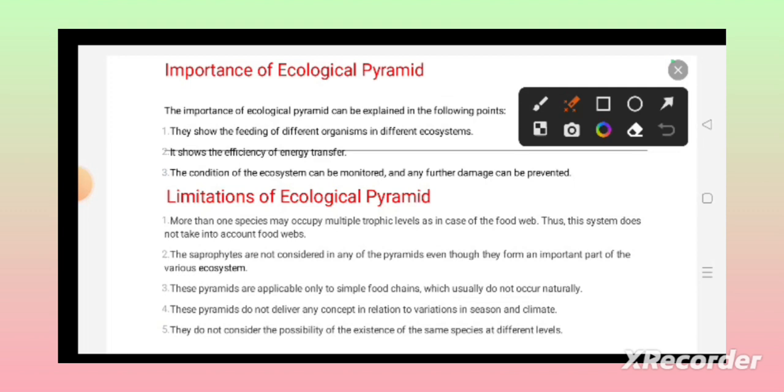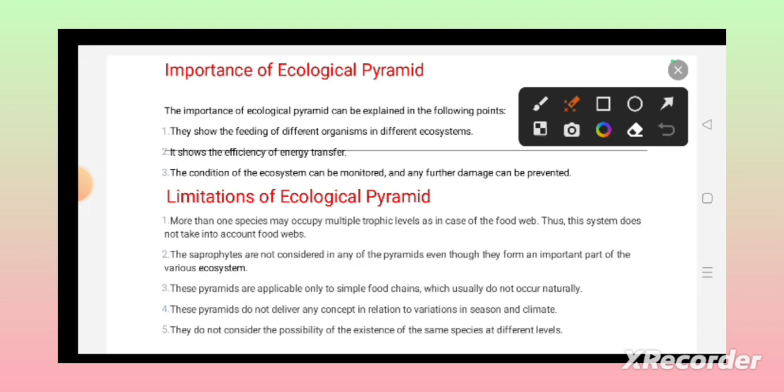No mineralization process will take place, and no nutrient recycling will take place. This is the major role played by decomposer organisms, but for them there is no trophic level given in the ecological pyramid. This is the major drawback of ecological pyramids.